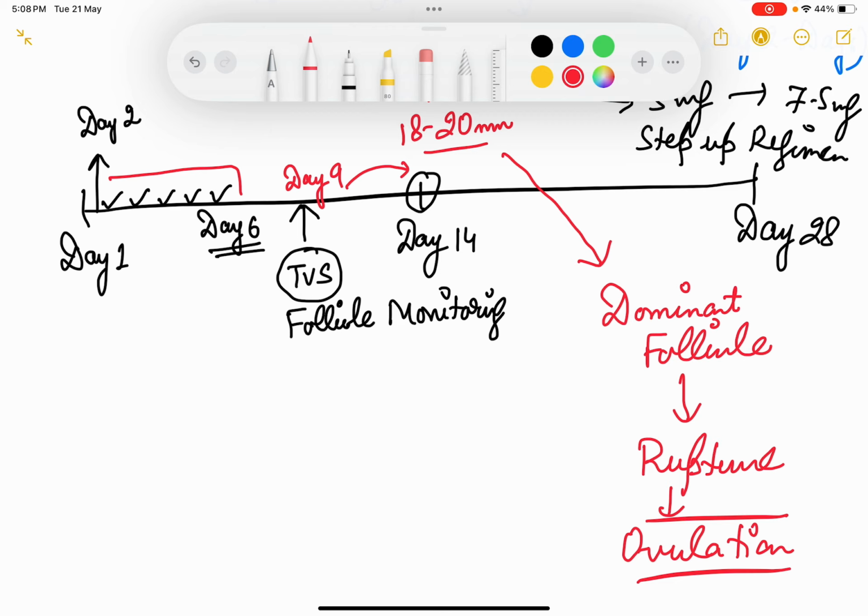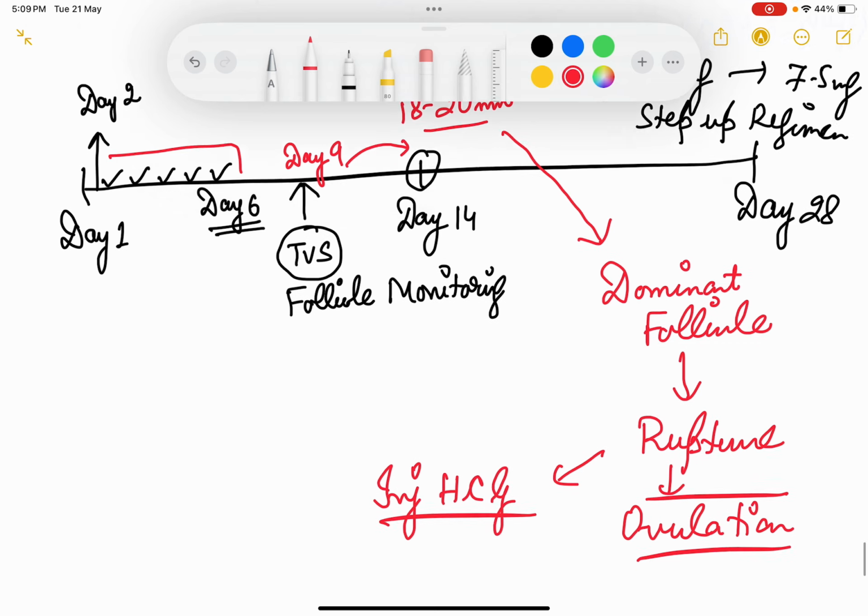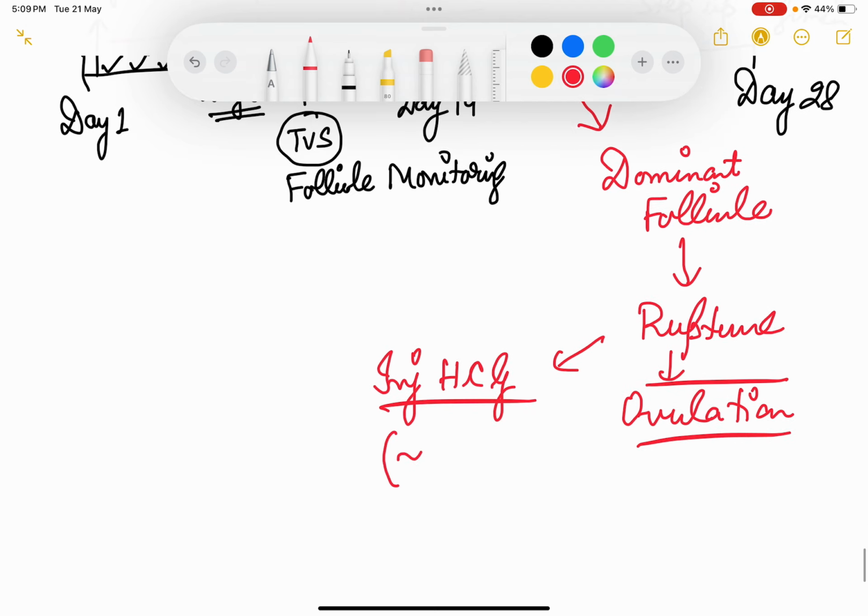Okay, then the day on which it is 18 to 20 mm, either we can wait for spontaneous rupture or we can give an injection of HCG, that is human chorionic gonadotrophin, which has similar action to the luteinizing hormone of the body.